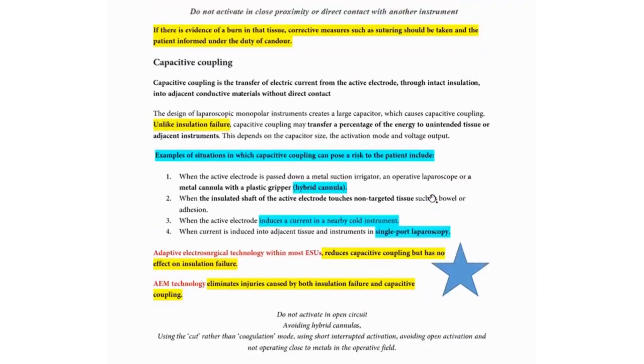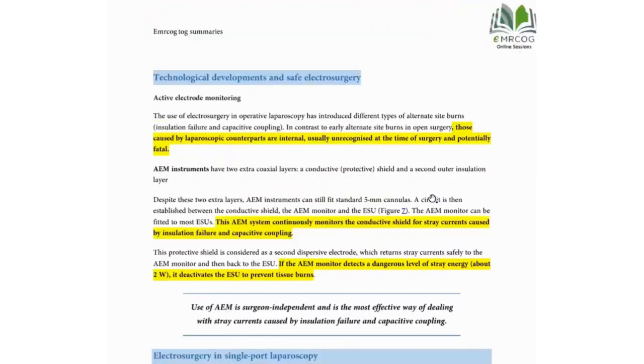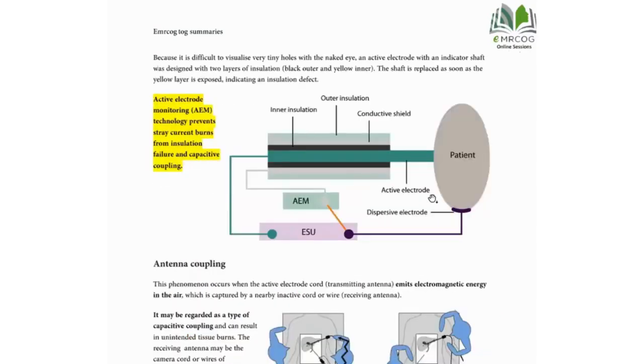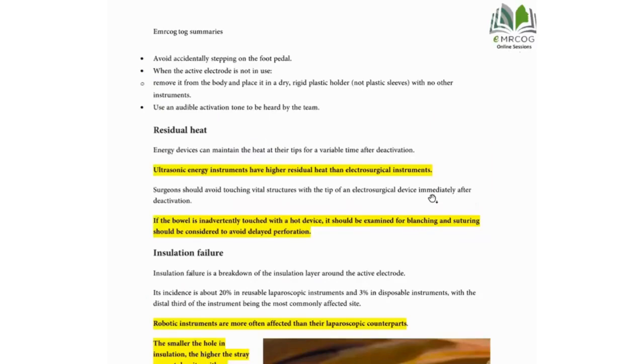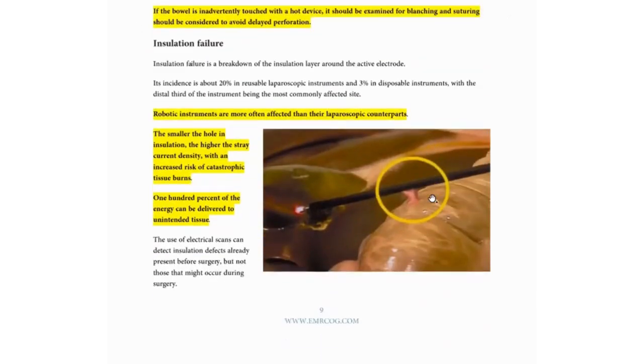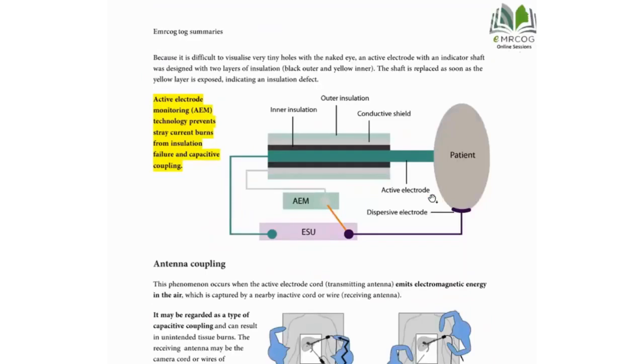Okay, I wish I had a picture here. I don't have a picture. I think I have another presentation other than this. Anyway, okay, here. This is the active electrode.